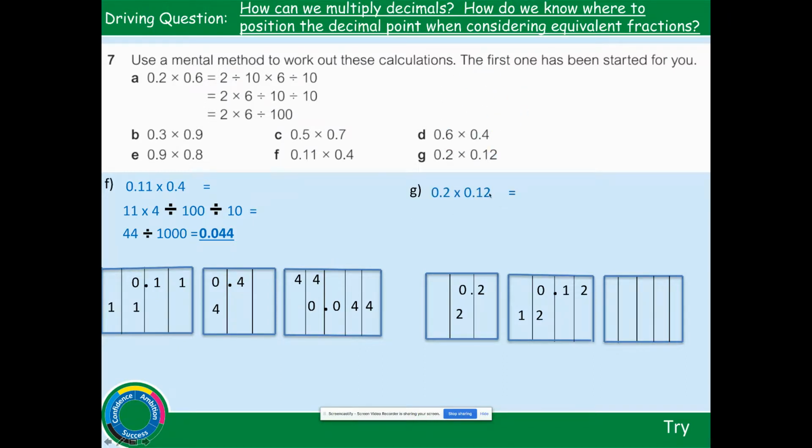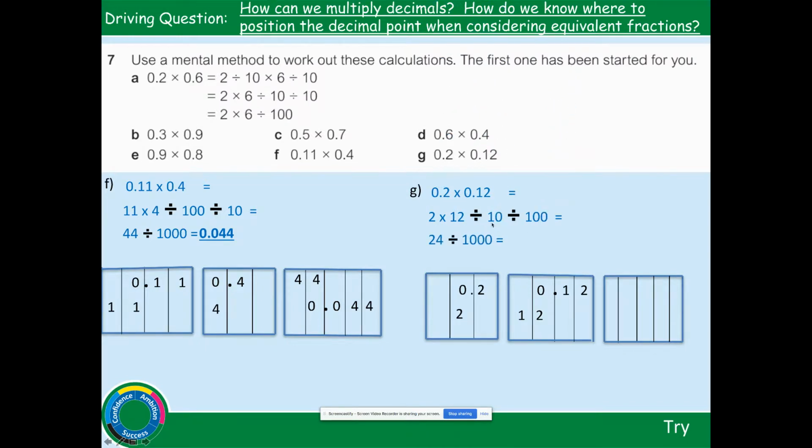Last one, 0.2 times 0.12. So this one, we're multiplying by 10. But to get this one as a whole number, to get that 2 over, we've got to multiply by 100. 1, 2, 1, 2. So it's a bit like this one. So we're going to times by 10, times by 100, which means we need to divide by 10, divide by 100, and we've got 2 times 12. So 2 times 12 is 24.